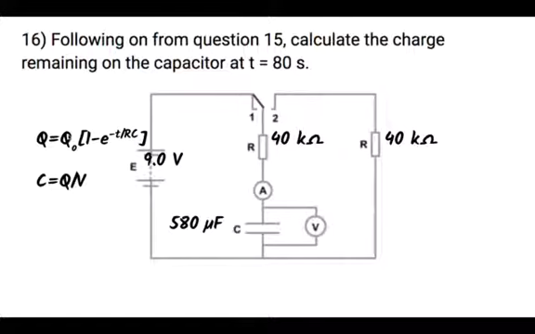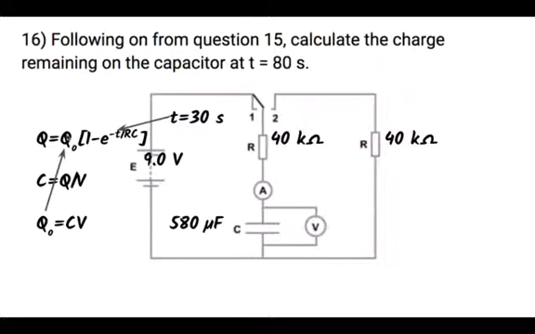So in order to work out what Q0 is going to be, just like we did earlier in this sequence of questions, we'll start with the definition of capacitance, the amount of charge stored per unit potential, rearrange to make Q the subject, Q equals CV, C being this number here, 580 microfarads, V being this number here, 9 volts, and the answer to that calculation is going to form Q0, which is going to be inputted into this charging equation here.